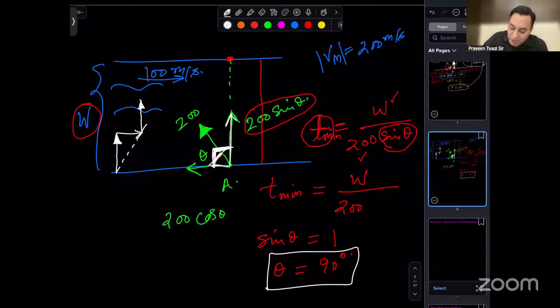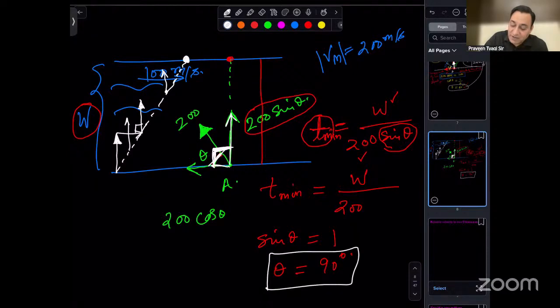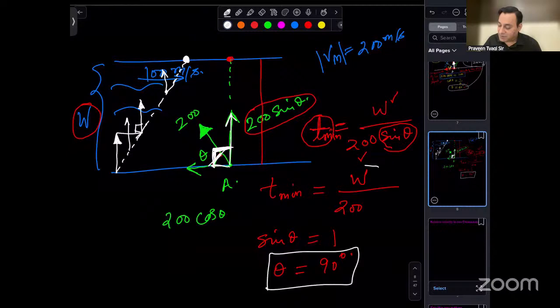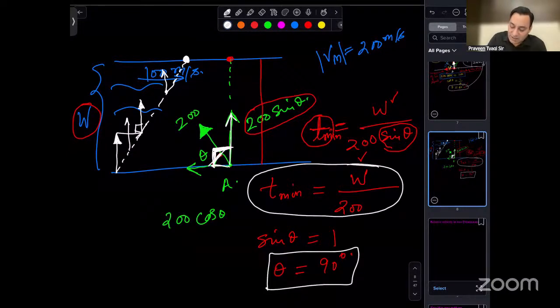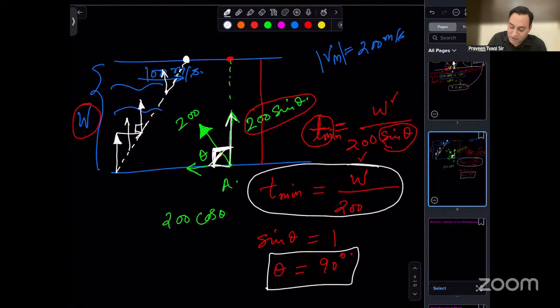At every point, he is trying to swim perpendicular to the river, but the resultant is going to be something like this. He'll reach here in minimum time, and that minimum time will be this, when his whole effort is swimming perpendicular to the river.